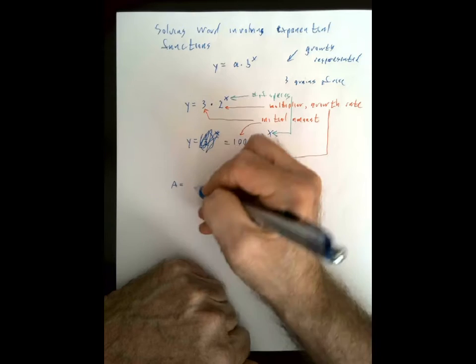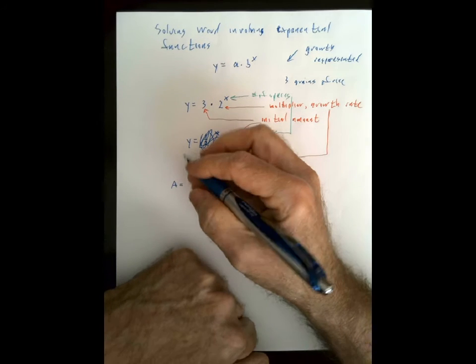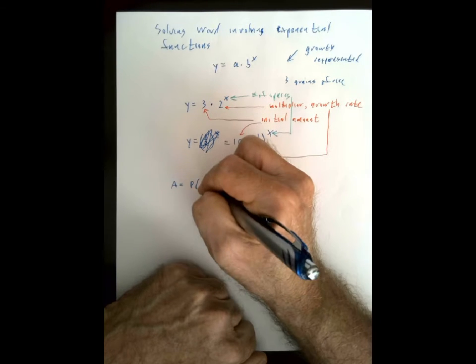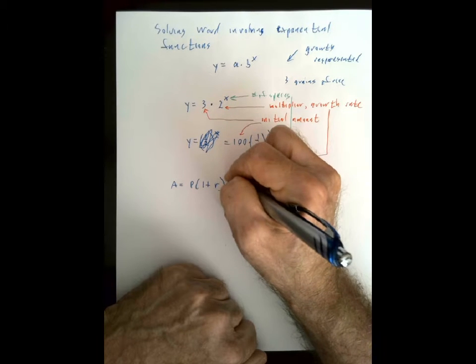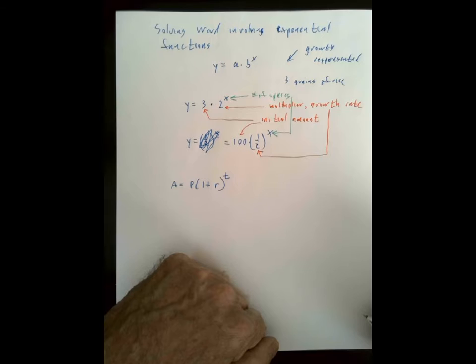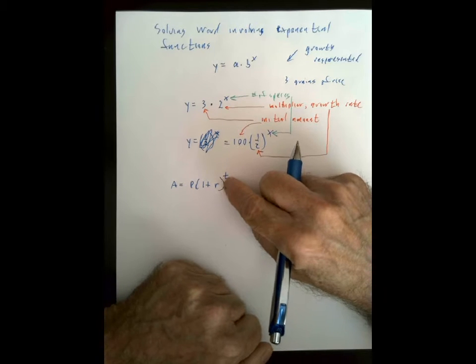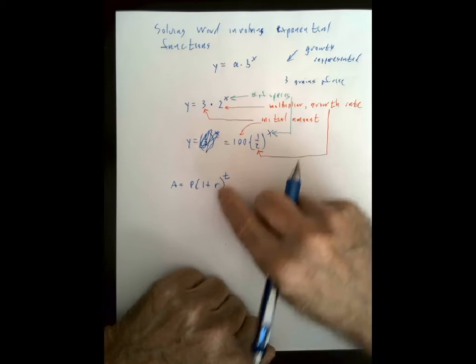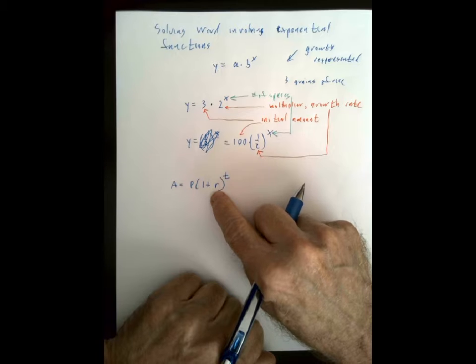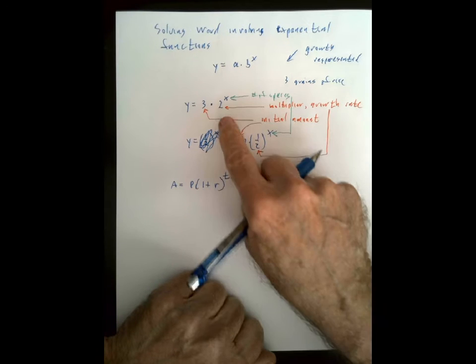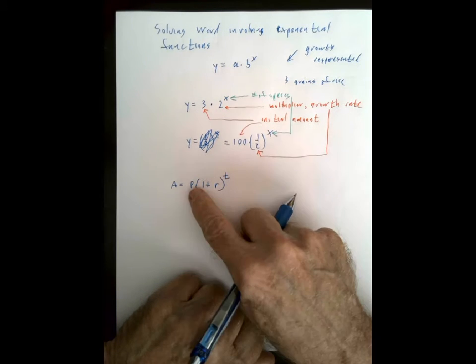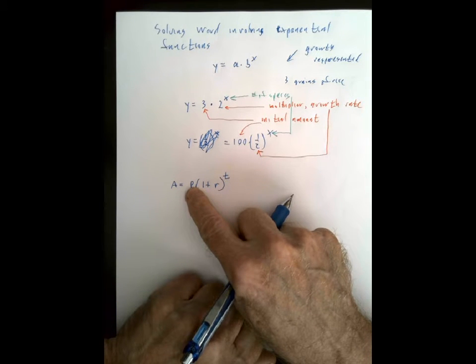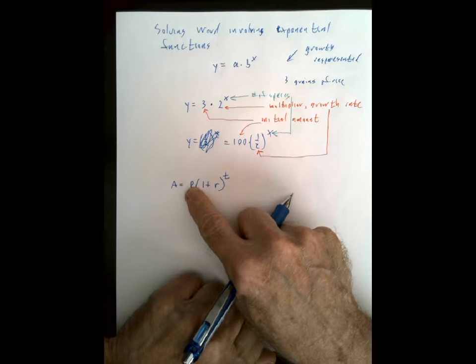A is equal to P times 1 plus r to the t. Now this represents the growth of money over time, and 1 plus r works out to be the same multiplier as 2, or the same multiplier as 1/2. P is, if we're talking about money, an initial amount of money.